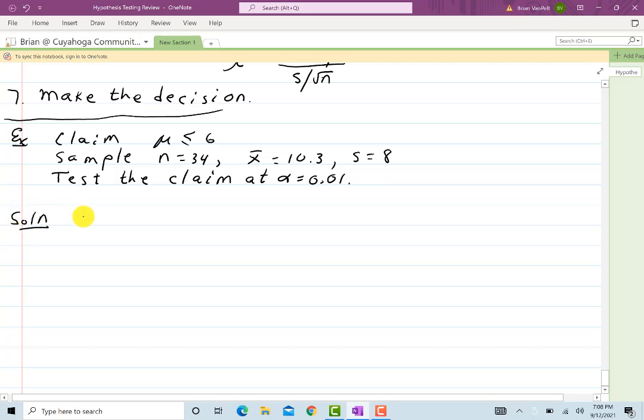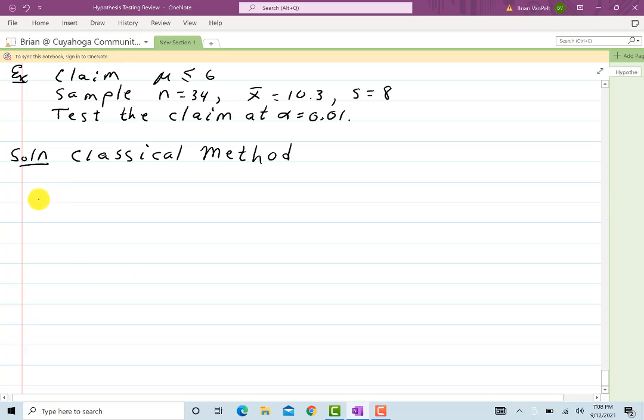So as before, I'll start with the classical method, the one that involves rejection regions, and then I'll do the p-value method to show you we get the same answer both ways. So start with the t-table, and we're going to use the degrees of freedom, which will be 34 minus 1, that's n minus 1, with alpha equals 0.01.